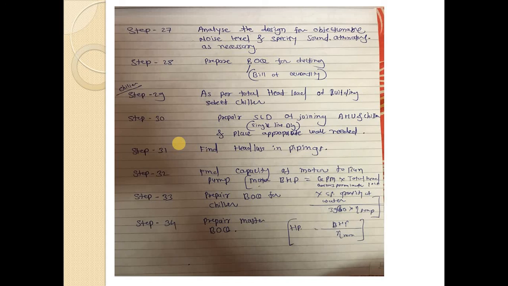Here we must consider the insulation effect, but it is mostly suitable for theaters and malls, where we need to know the sound attenuation effect. That's why this 27th step is not mostly useful for domestic and commercial applications.